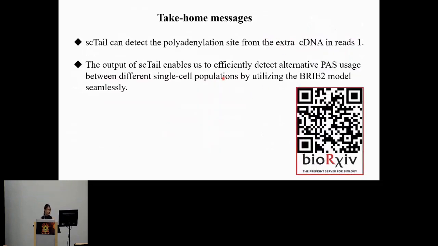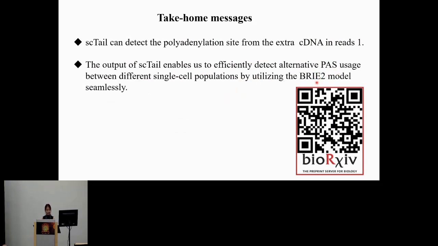To summarize, scTail can detect the polyadenylation site from the actual cDNA in Read 1. And also, the output of scTail enables us to efficiently detect alternative polyadenylation site usage between different single-cell populations by utilizing the scDaPars model seamlessly.